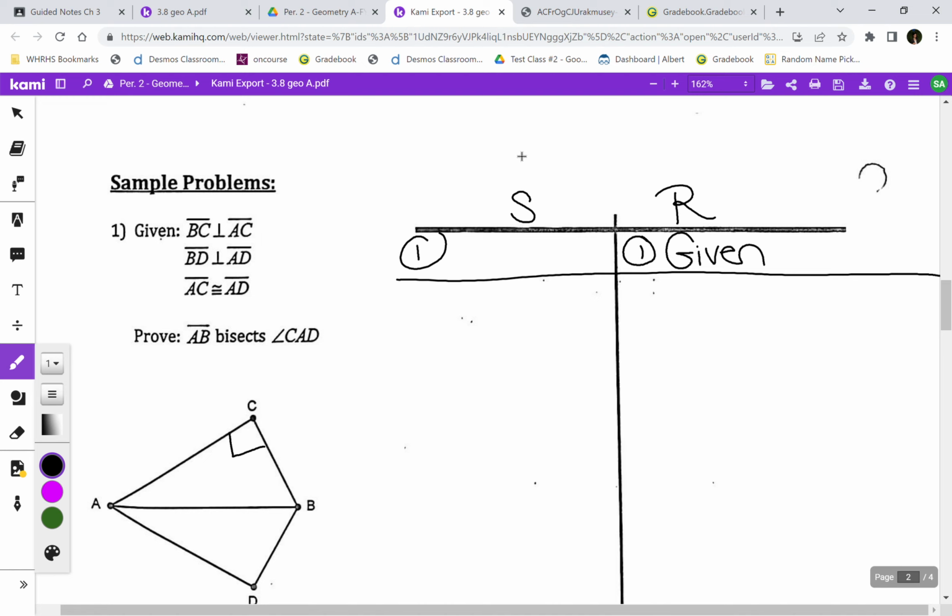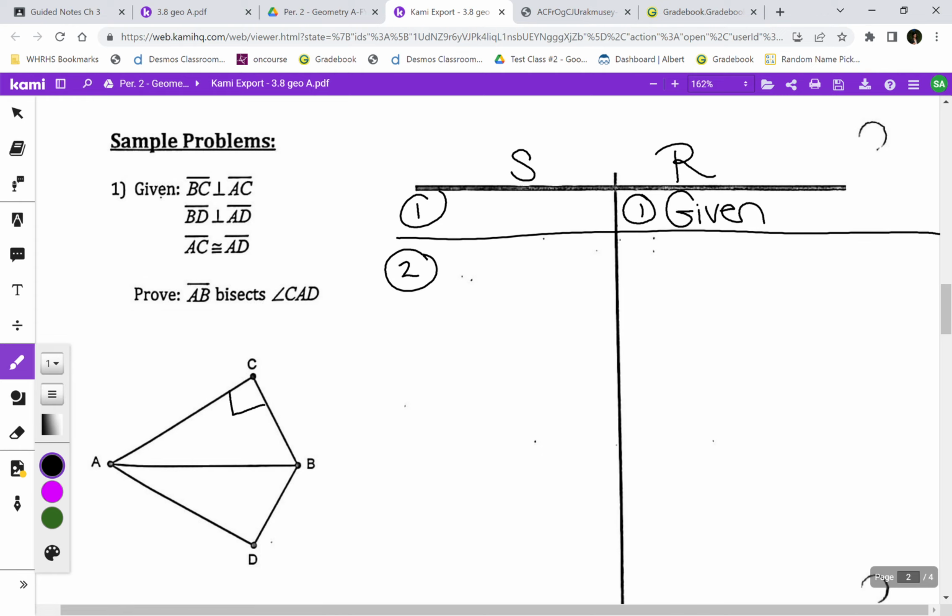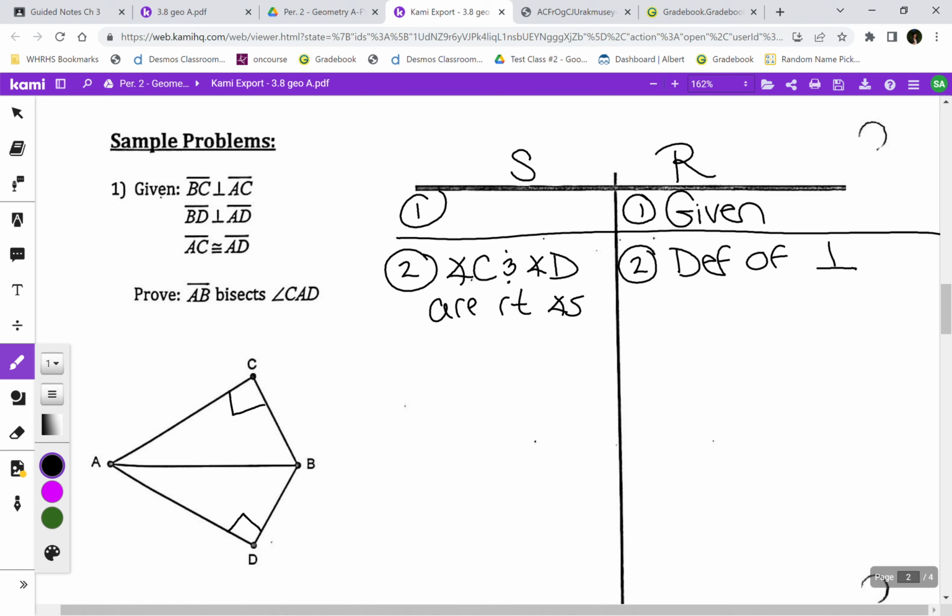Right at C. And then when it says BD is perpendicular to AD, what can we conclude? A right angle at D. So in step number 2, I'm going to say angle C and angle D are right angles, and that's going to be def of perpendicular.